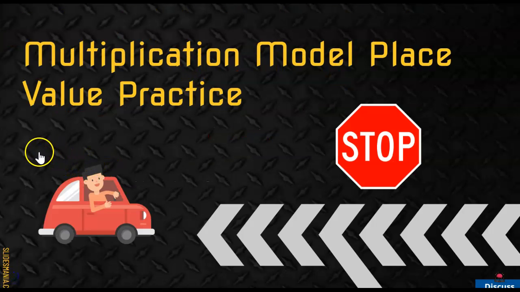Okay, so on our next slide, I'm just introducing some independent work for you. Multiplication model, place value practice. So this is actually the same as page number 1 in your math binder, but check with your teacher. They may assign the Google Jamboard. There's a Google Jamboard that also goes along with this.